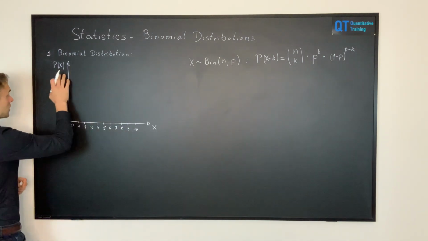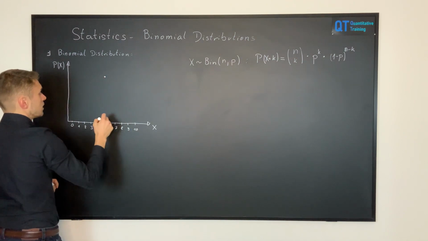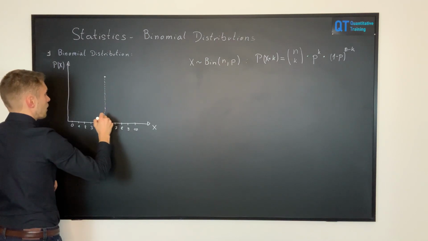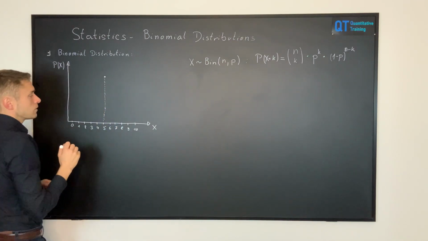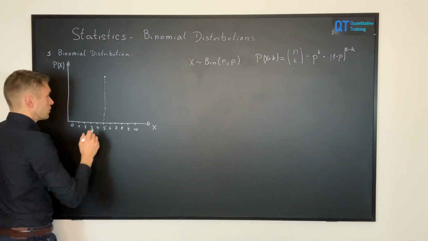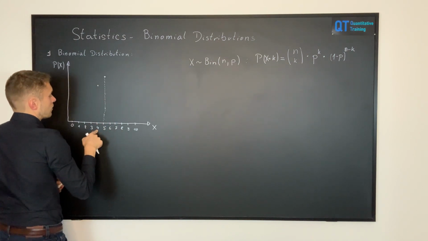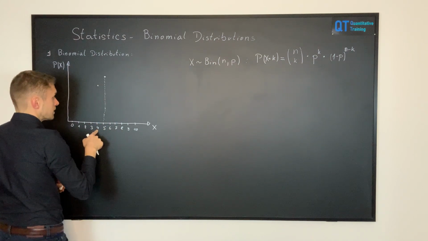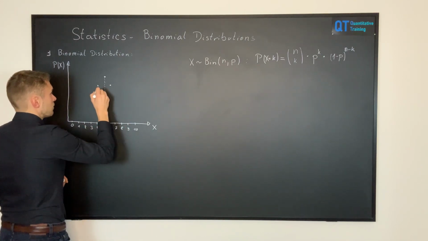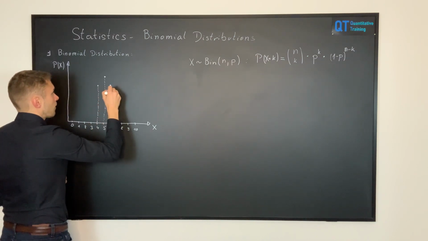So here you put the probabilities, and you would expect your probability to be somewhere here for obtaining 5 times tails. And as I said, in the case of a fair coin, you have a symmetric distribution. So you would expect that on average obtaining 4 times tails, 4 times success, or 6 times tails, 6 times success, has the same probability. So you have a symmetric distribution around its maximum value, 5.